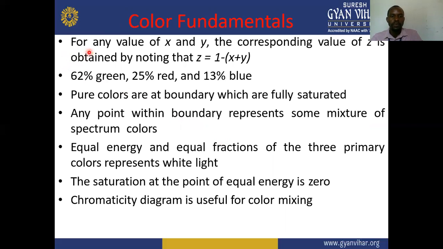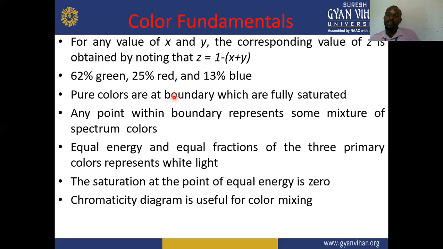So for any value of x and y, the corresponding value of z is given by 1 minus x plus y. So we can say that 65% of the values are given by green, 25% are red, and 13% are blue.